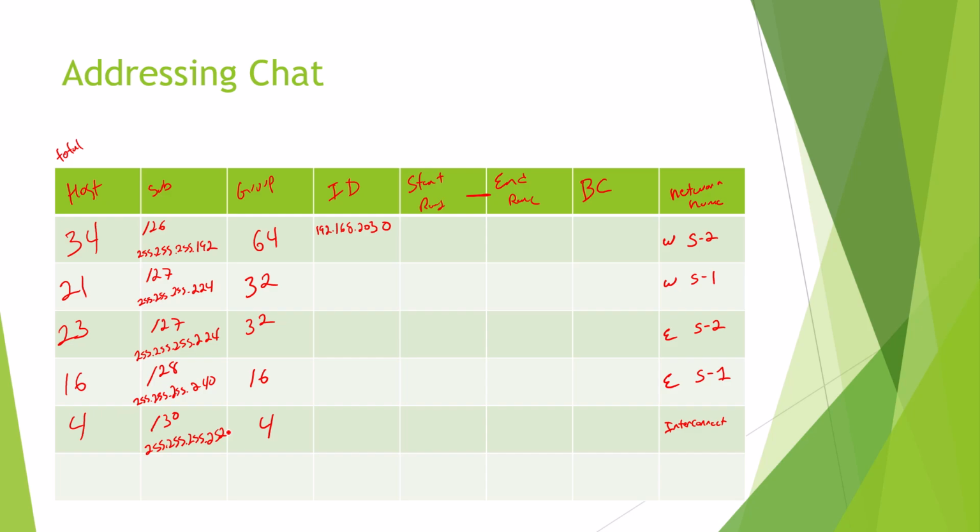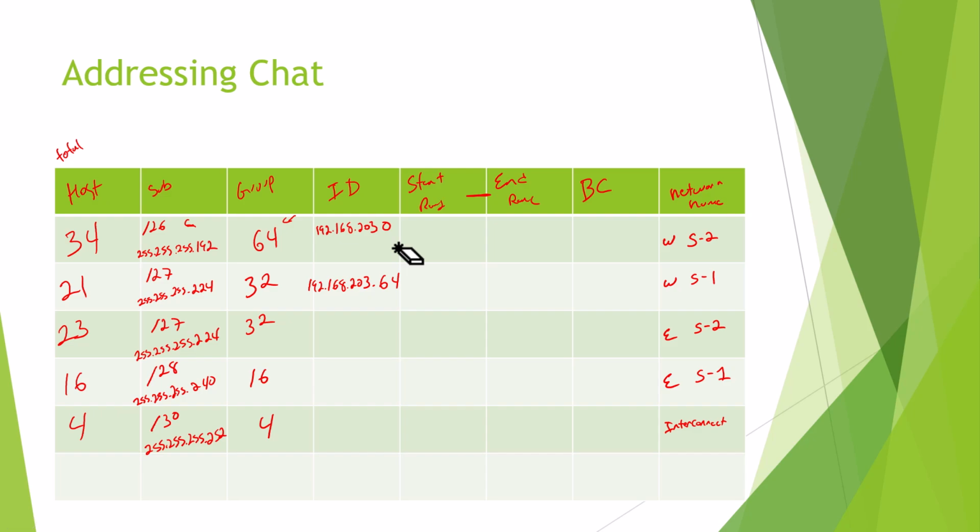All right, so now we can get to the start. Now that we have our subnets and our groups, we can start building our address chart. We start with 192.168.203.0. We are working in the 4th octet. We are adding 64 in the 4th octet. 0 plus 64 is 64.